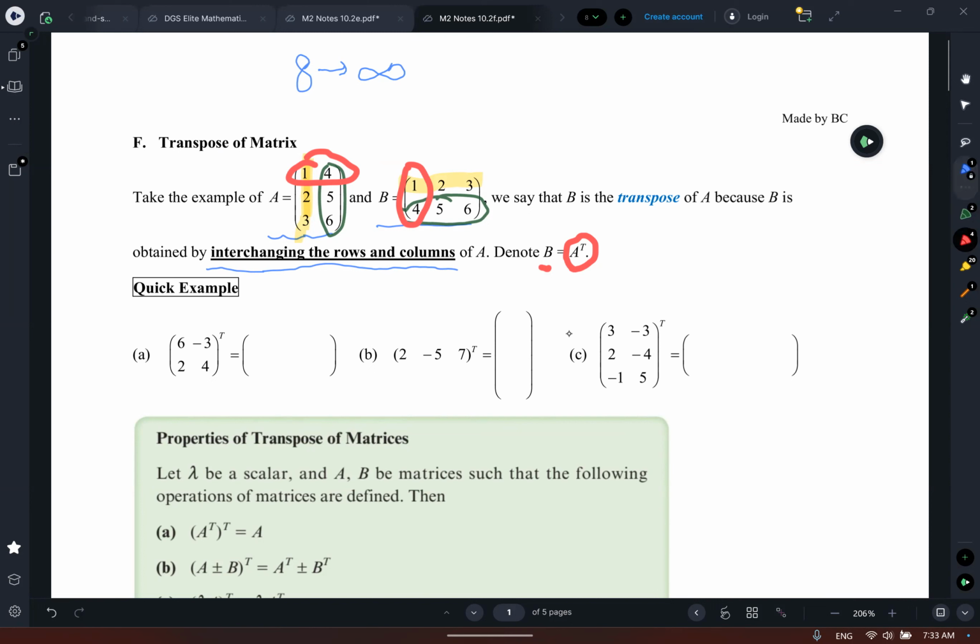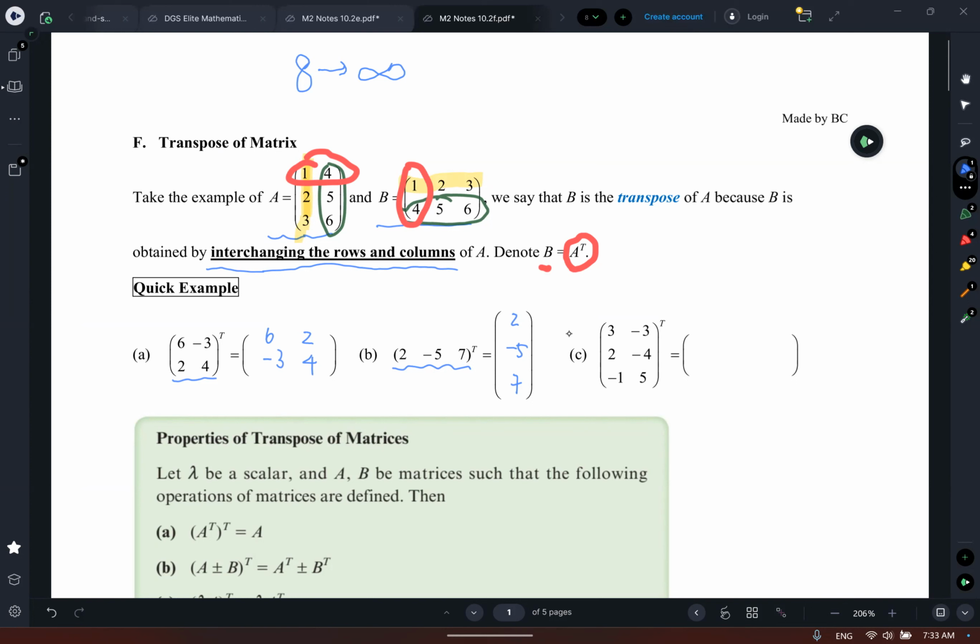Let's practice. So this 2 by 2 matrix after transpose, I'll write 6, -3, 2, 4. So that's the outcome. It's another matrix. Now this is the row matrix. After this operation it is 2, -5, 7, a column matrix.